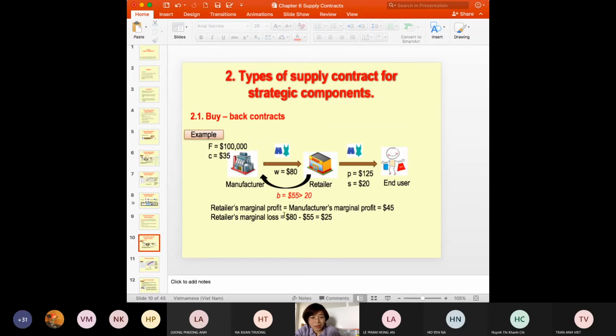So you can see the profit is $45, right? But the retailer's loss is just $25. So the profit is higher than the loss, so they will like to order more products. They're confident to order more products.